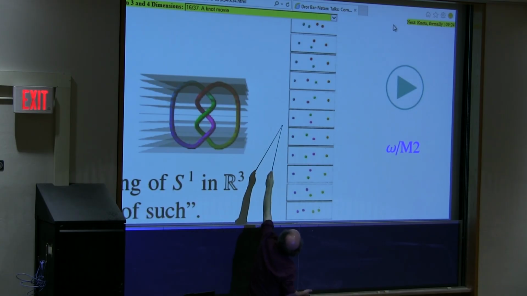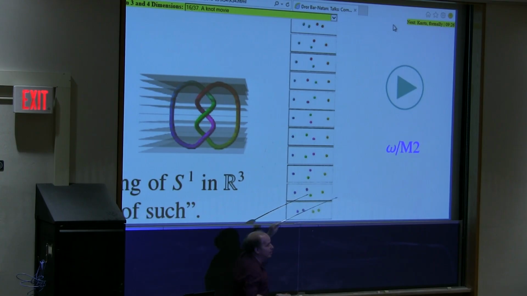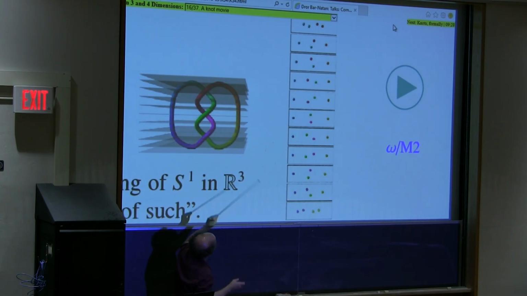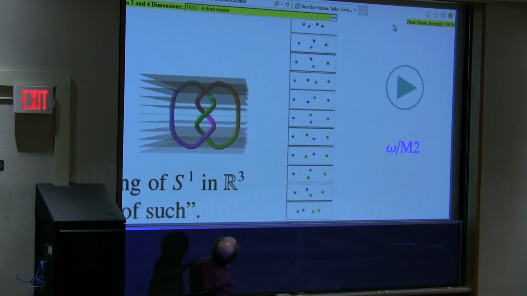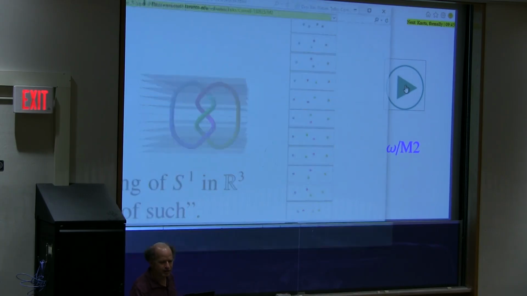But the points in the middle perform a nice dance around each other. And at the end, again, you have a pair at the top and a pair at the bottom. And that's the top frame. So is it clear? Let's watch the movie.